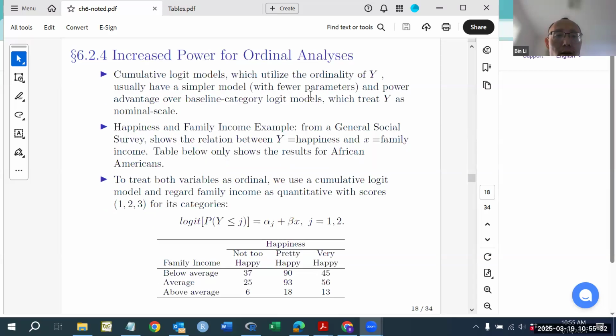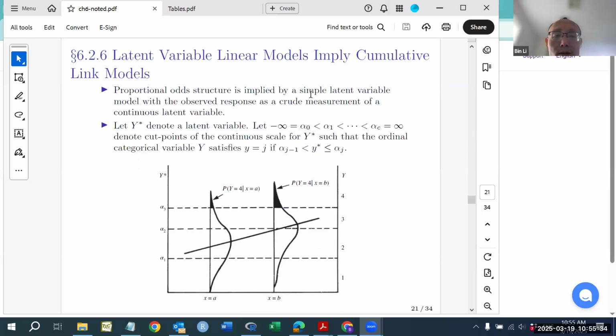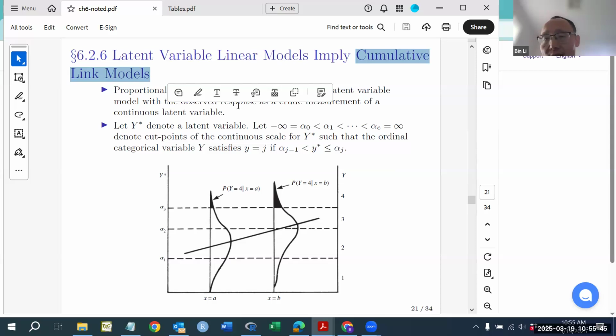Okay, so where is it? Yeah, so this includes the cumulative logit model as one special case that uses the logit link. But that also applies to the cumulative probit models as another special case.